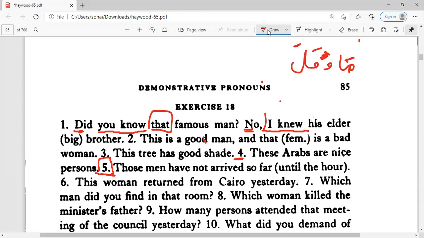Because when the noun, those men, is mentioned separately and the verb comes first with the subject as a noun coming after, the verb is always third person singular. It could be masculine or feminine, depending on gender. So those men, ma wasala.